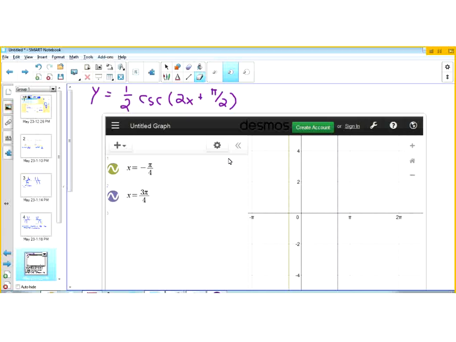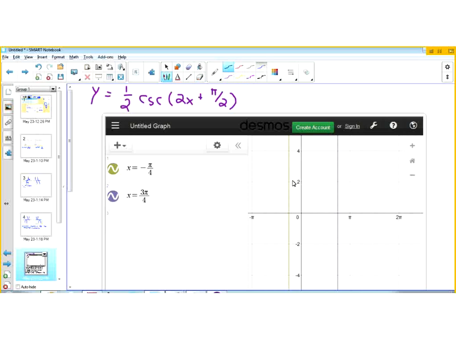Okay, so the graph has to be sketched. Between negative pi fourths and 3 pi over 4, we have to split the interval into four equal sublengths. So the midpoint would be pi halves. All right, where would the midpoint be? It's hard to see. 1, 2, 3, 4. So it would be here.